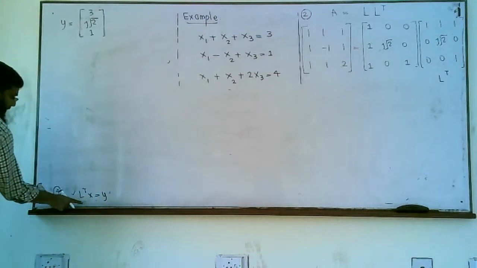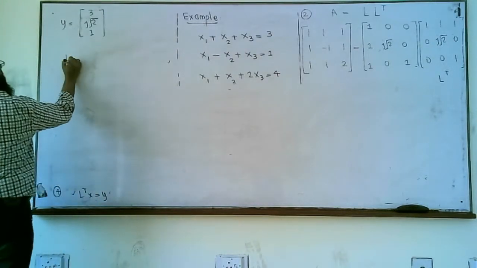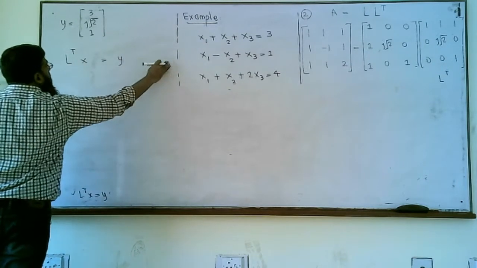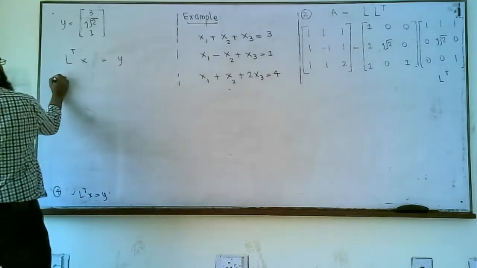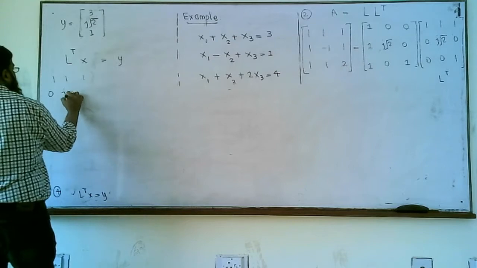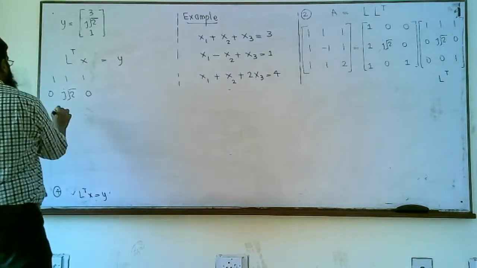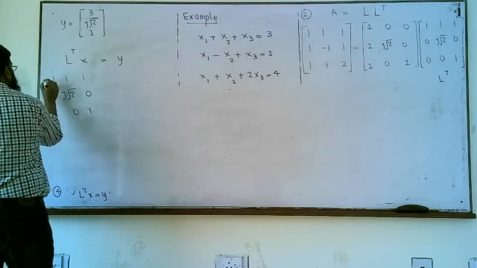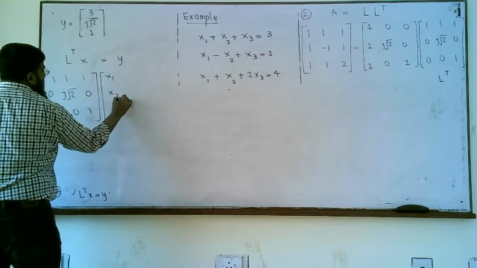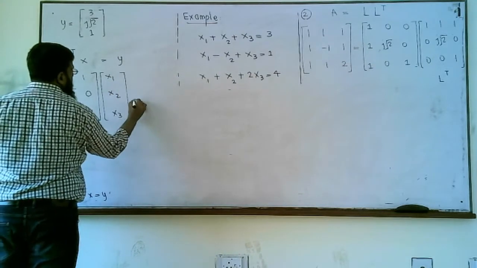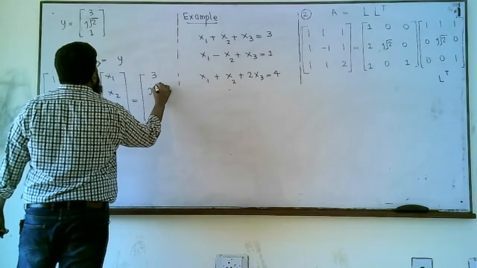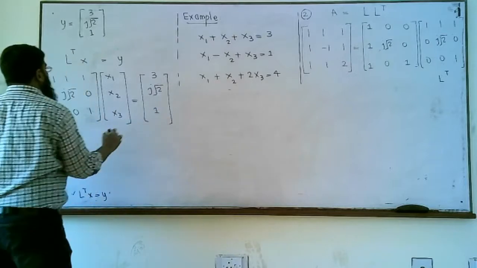So we have to find x using this expression, L transpose x is equal to y. So L transpose is 1, 1, 1, 0, j square root of 2, 0, 0, 0, 1. X, our unknown, is x1, x2, x3, and y is 3, j square root of 2, 1.